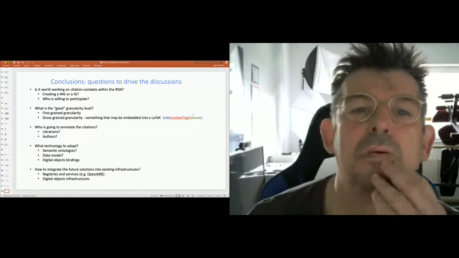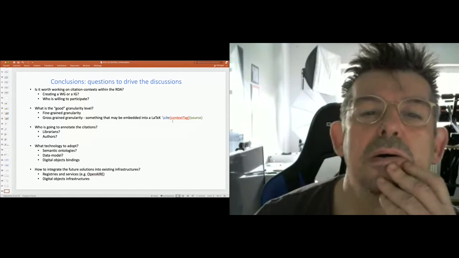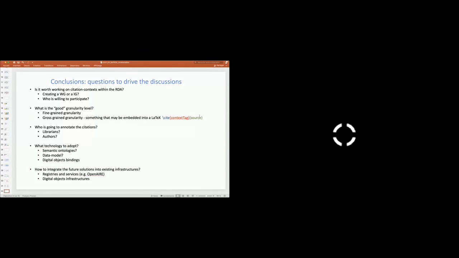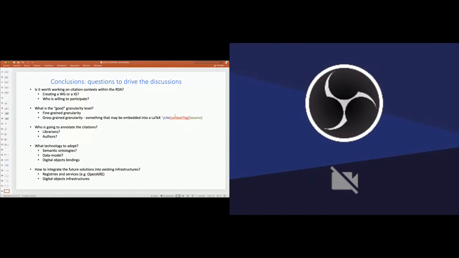For example, we are all familiar with cite, the source. We may imagine something like cite-context, tag, the source, and this particular tag will define the context. So this should be something quite simple in order to be adopted by all scientific authors.